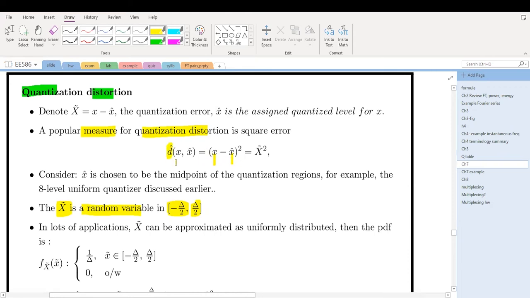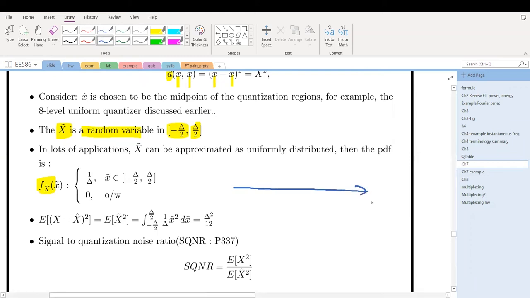This distance between the signal value and the assigned level equals x tilde squared. x tilde is uniformly distributed, so the PDF of x tilde is rectangular from minus half theta to half theta. What's the magnitude? The magnitude is 1 over theta because we want the area of the PDF to equal 1, and zero outside this range.